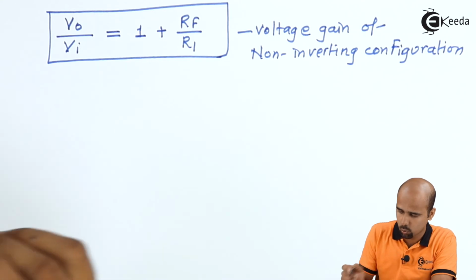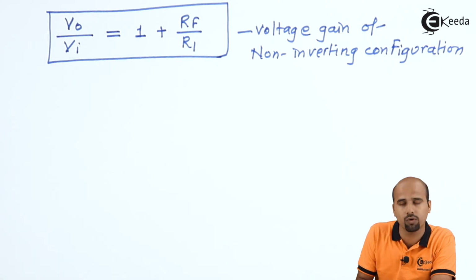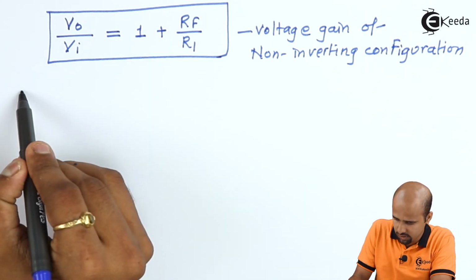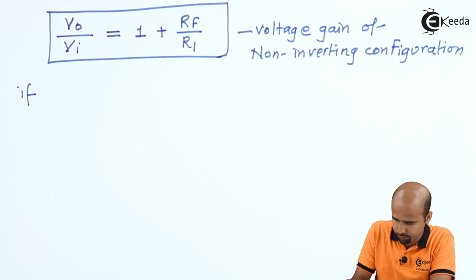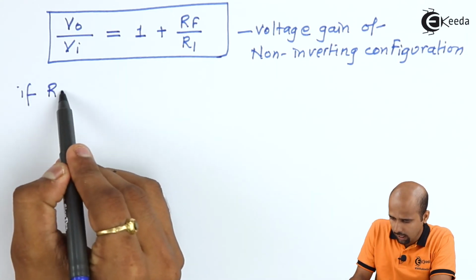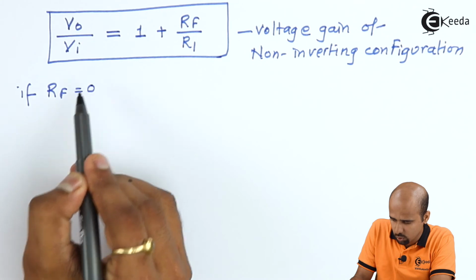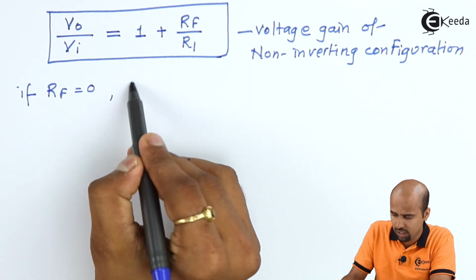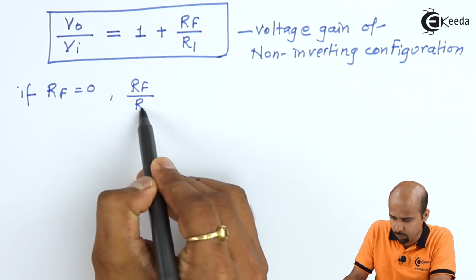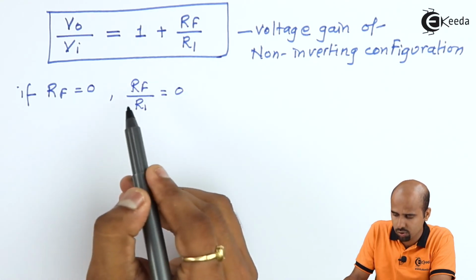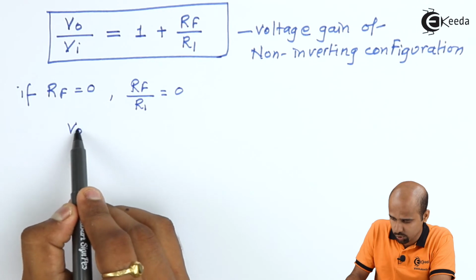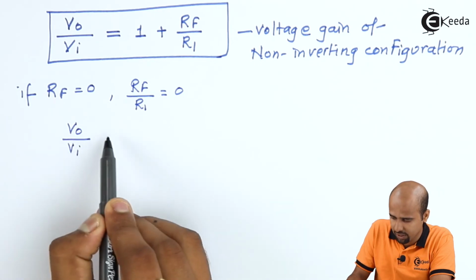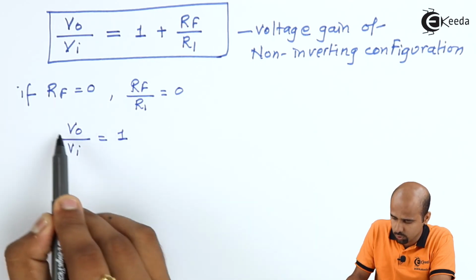Now in this case, one more circuit we can dig out from this particular formula. First is, if RF is equal to 0, what will happen? If RF is equal to 0, RF upon R1 is equal to 0. Then in that case VO divided by Vi is equal to 1.